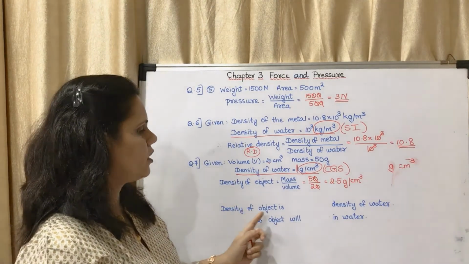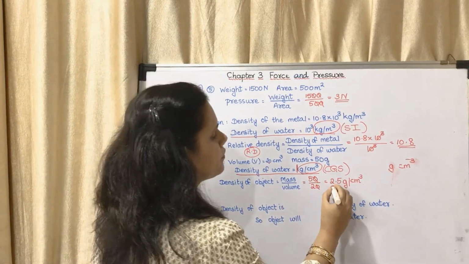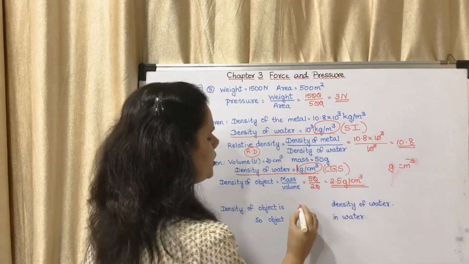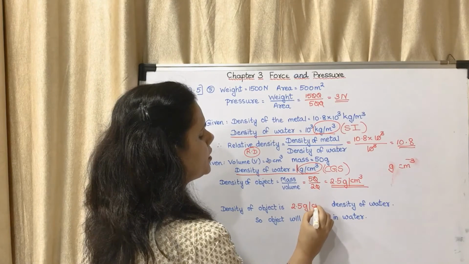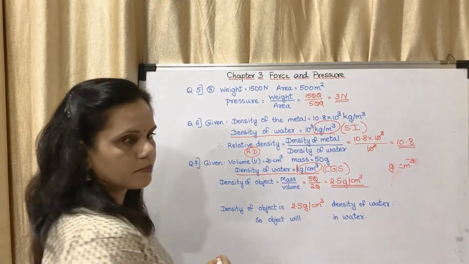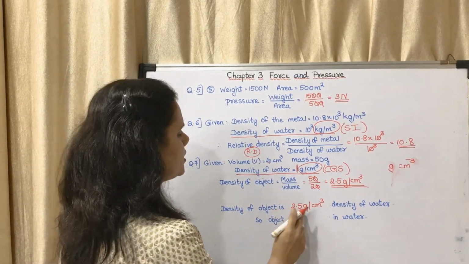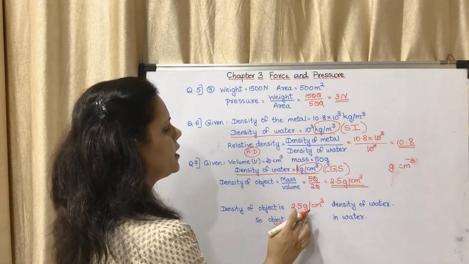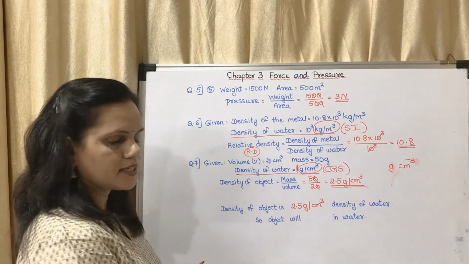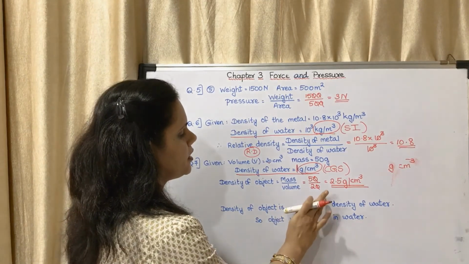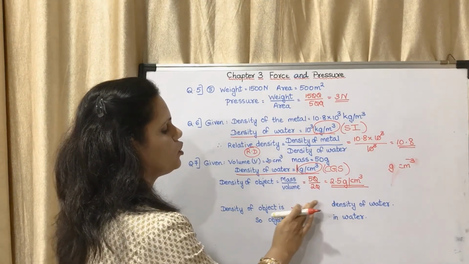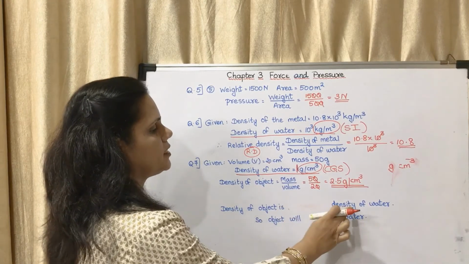Now what is the density of the object? Density of the object you have got it as 2.5 gram per centimeter cube. So is it greater than or less than density of water? Tell me what is 2.5. What is density of water?